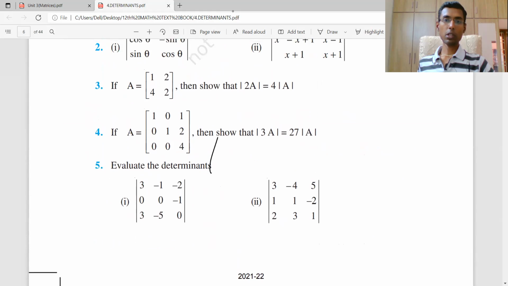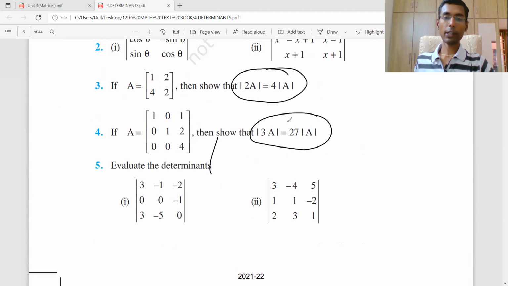All right. So here, one very important property is there. If it is a 3 by 3 matrix, then the determinant of 3A is equal to 3 to the power 3 into determinant of A. Very good, exactly.